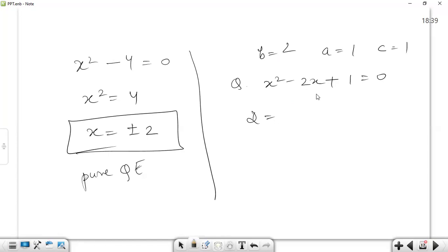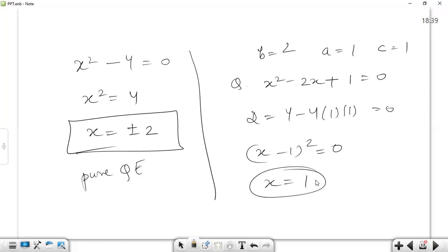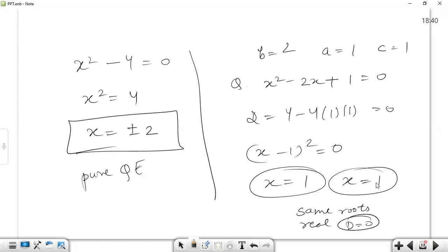Now we find the discriminant of the given quadratic equation. It is 2 square minus 4 into 1 into 1, so it becomes 0. In this case the quadratic equation is basically x minus 1 whole square, so the answer is x equals 1. But we will say that there are two roots and they are the same roots. Same and real roots, D is 0.